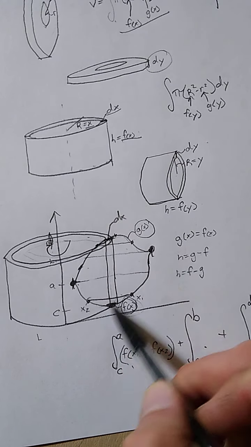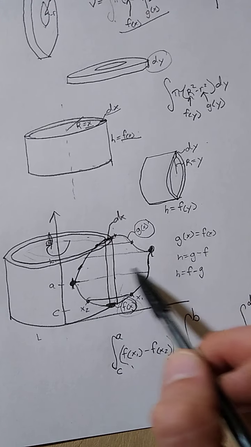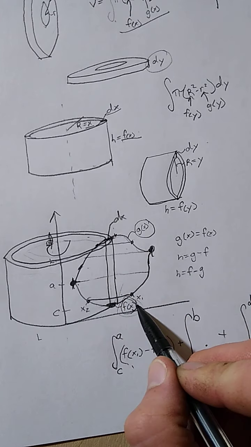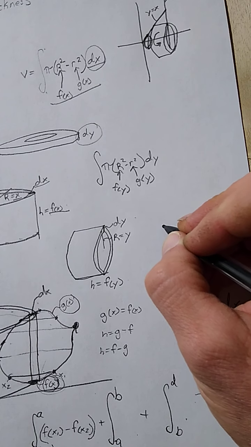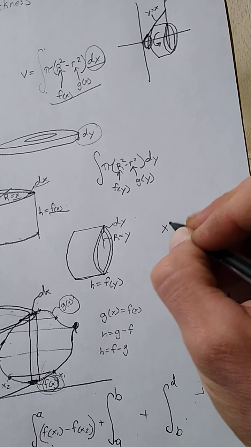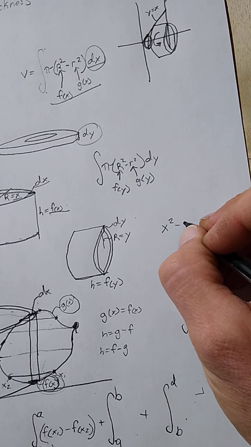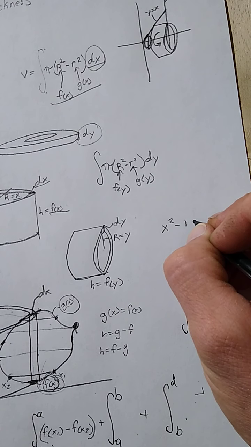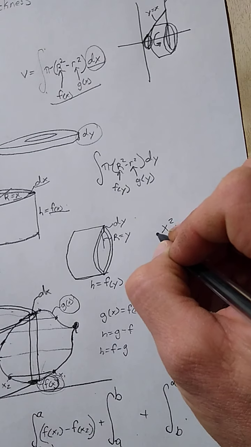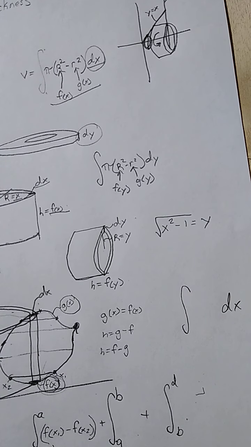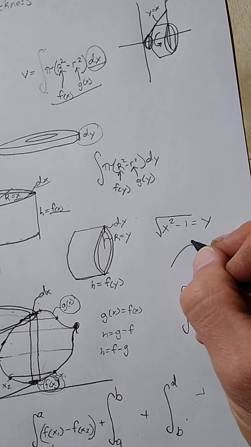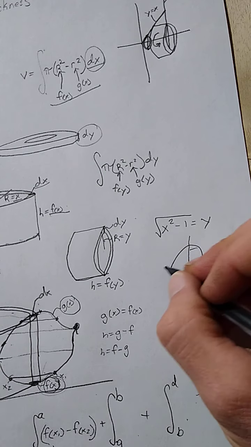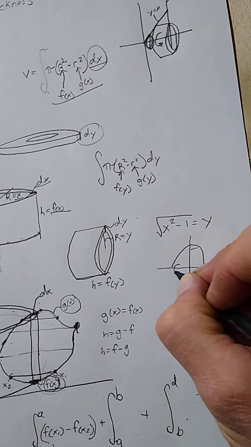And some of it's looking at how the functions sort of break down and how the axis works and how these functions are given. If they give you a function like, say, x squared minus 1, equals, let's say the square root of that equals y, then that's the top half of a circle. And maybe I tell you to rotate the top half of the circle around the x-axis.